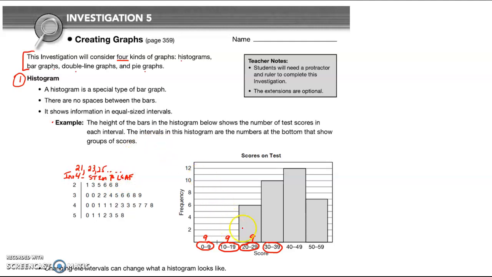Then they grouped them. All of the scores that are 20 to 29, they put here, and there's 6 of those. All of the scores from 30 to 39, they put here, and there are 10 of those, etc.